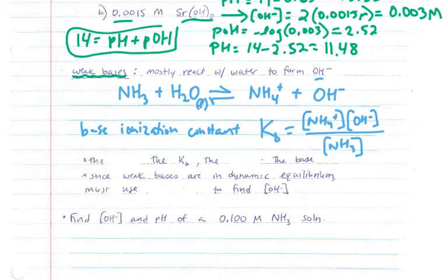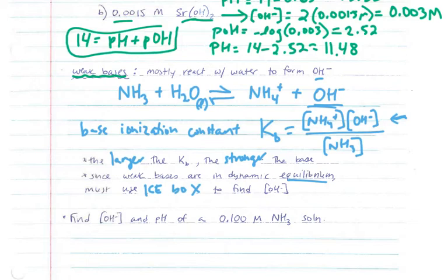So just like with acids, the larger that equilibrium constant is, the Kb in this case, the stronger the base, the more OH it produces, the larger this numerator is. And since weak bases are in dynamic equilibrium, when we see equilibrium, we think icebox. We need to use an icebox to find concentrations.